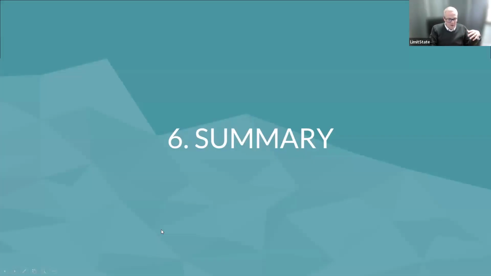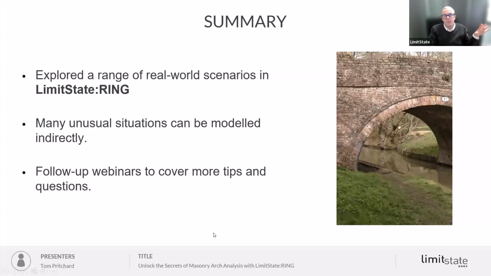So we've actually gone over by a few minutes, so I'll summarize very quickly and then I'll take 1 or 2 questions and then we shall wrap up. So we've explored a range of real-world scenarios in LimitState Ring. Many unusual situations can be modeled indirectly in one way or another.